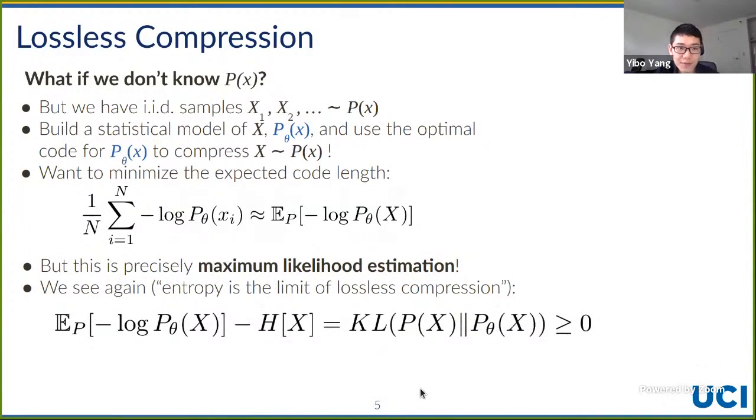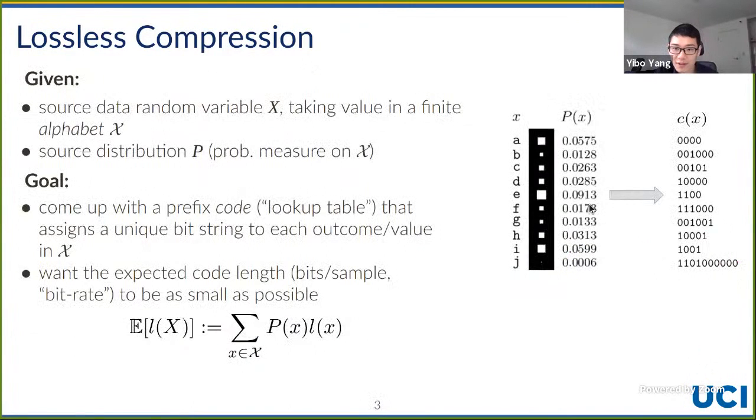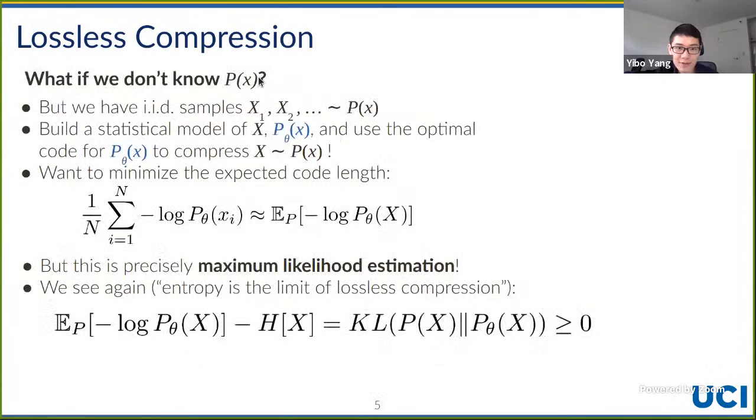Now, previously, we've assumed we know this distribution, the source distribution. So again, it's this table of values. But what if we don't know the distribution? Now, the common scenario is we have sample access to this distribution. So we have IID samples, and a straightforward method to develop a compression algorithm is then to build a statistical model of the source.